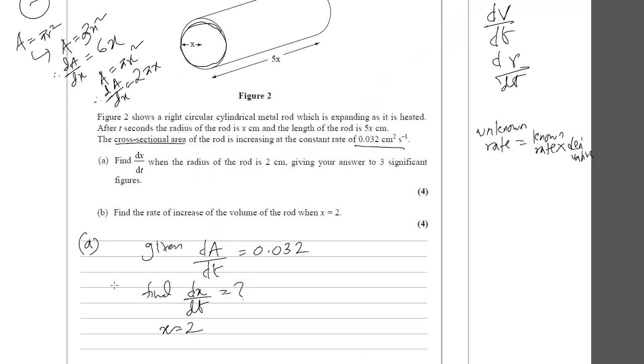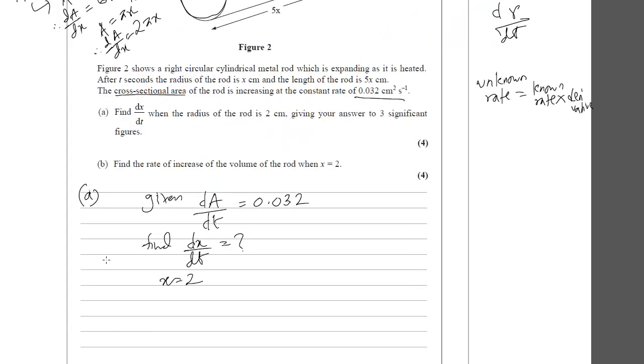So now what we have to do is find dx by dt. Let's write down the relationship. The unknown rate dx by dt equals the known rate dA by dt into the derivative. We are talking about the area of a circle, the cross section, which is increasing here, so we need dx upstairs.